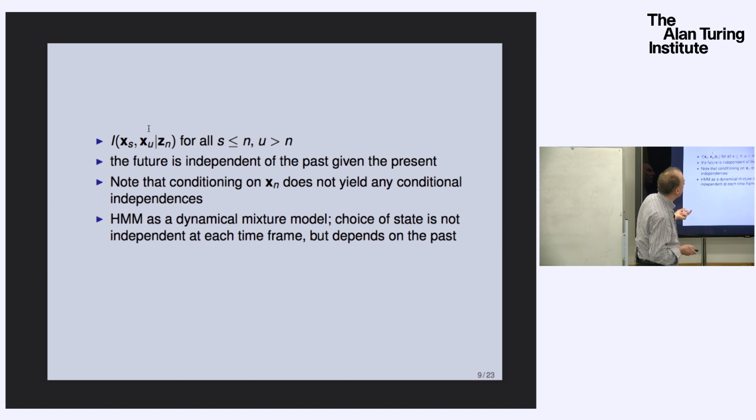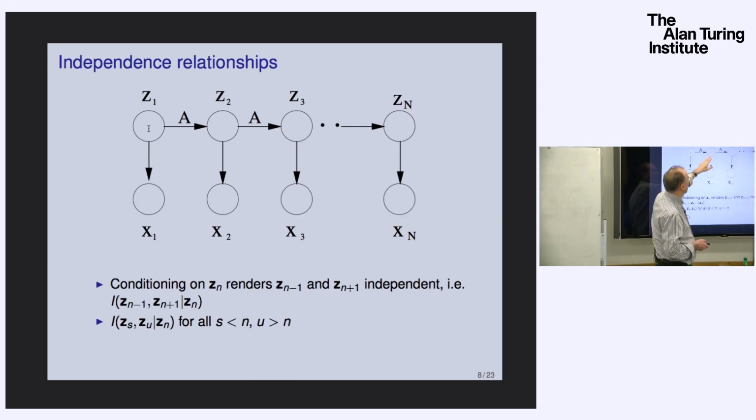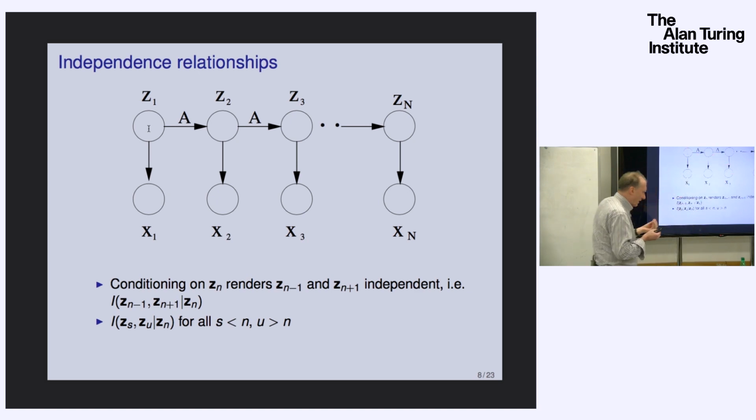Similarly, also the x's that are hanging off the z's. But one thing we can't do is just condition on xn, because this is just hanging off the z, that doesn't block the past and the future. So that's the difference why, if we have this hidden structure, we actually have to condition on the latent variable z to give us this independence.